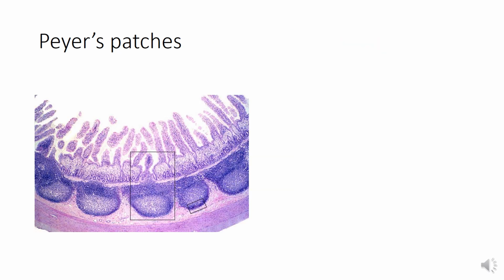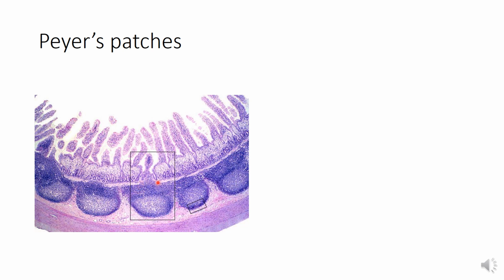You can see the Peyer's patches in the lamina propria of the ileum, which are extending into the submucosa also. The Peyer's patches are always located opposite to the attachment of the mesentery, that is they are on the anti-mesenteric border, and each of them may contain more than 50 lymphoid follicles.